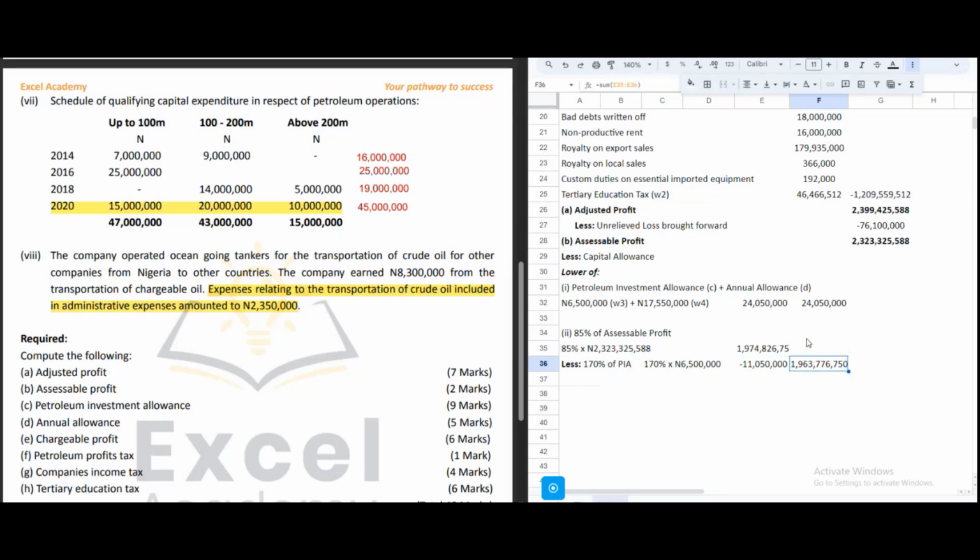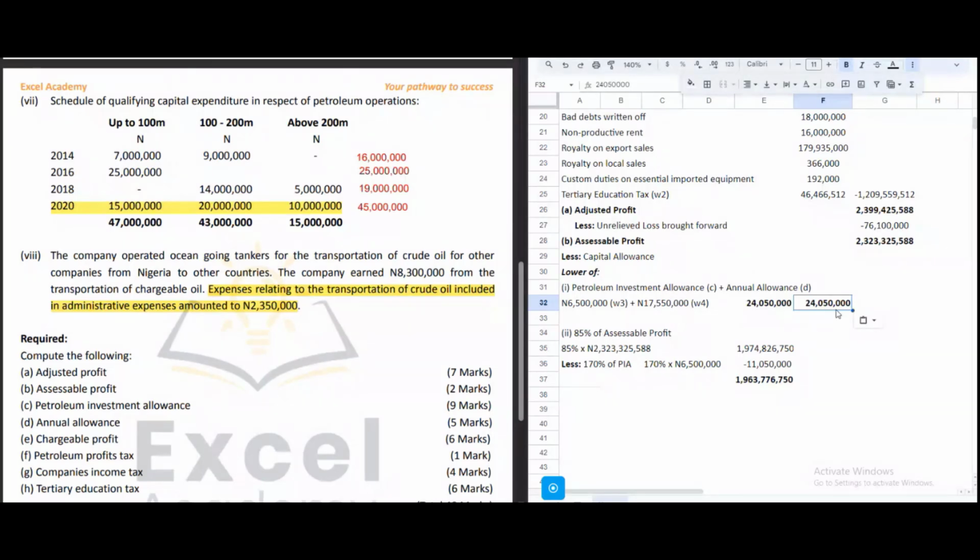So we now take the difference here and compare this 1,963,776,750 with this 24 million. We know that this 24 million is the lower of the two, so we'll bring it in, 24 million being the lower of the two.